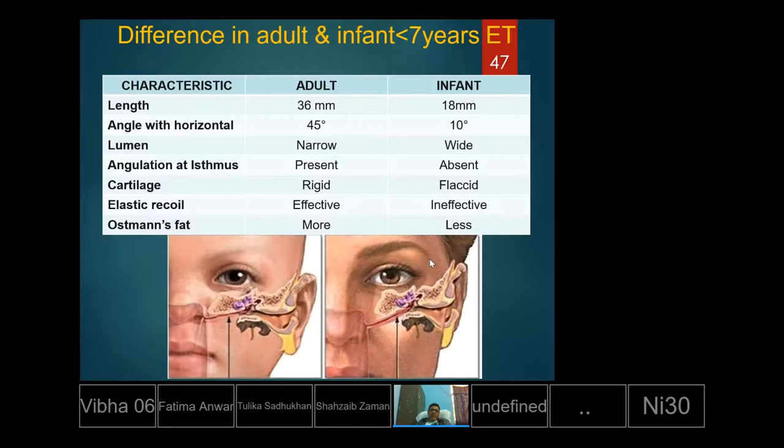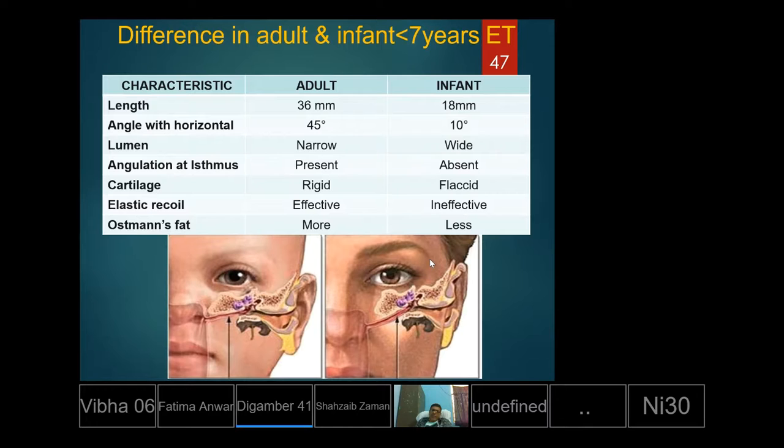Now the lumen, which is narrow in adult or wide in infant, the isthmus is present in adult and is absent in infant. So the infant Eustachian tube is wide, short, and horizontal. Next, about the cartilage, which is rigid in adult, in infant it is flaccid.